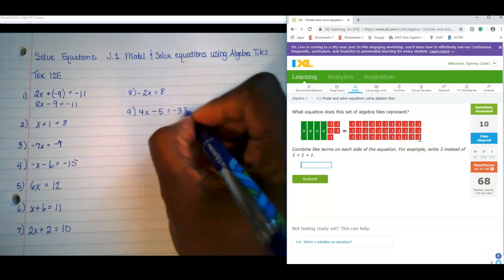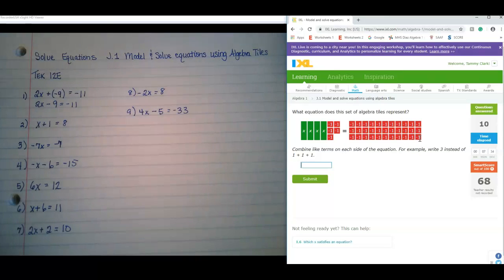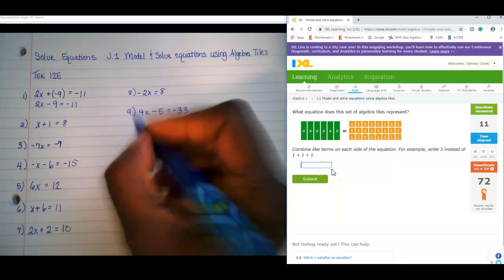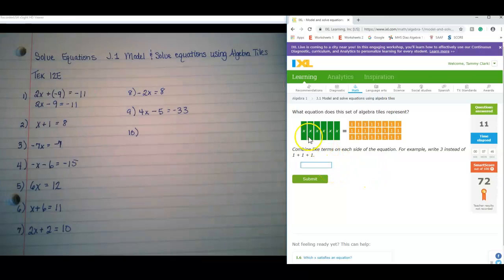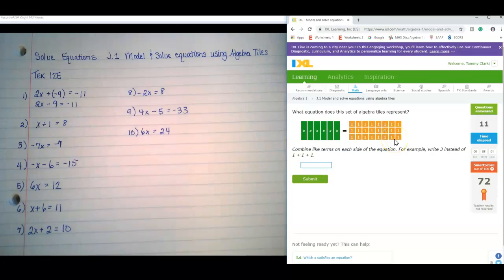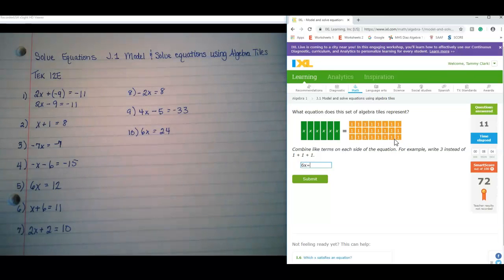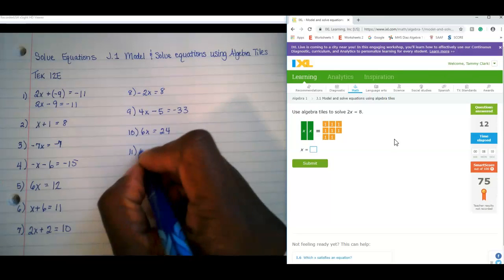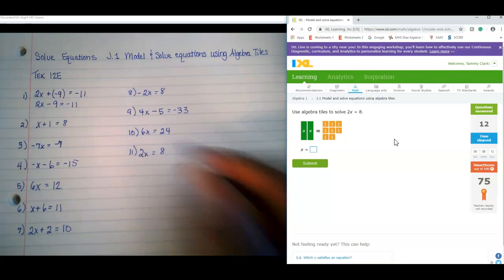So negative 33. And then number 10, we've got 2, 4, 6 positive x's equals 3, 6, 9, 12, 15, 18, 21, 24. So 6x equals positive 24. Number 11, we've got 2 positive x's equals 8.